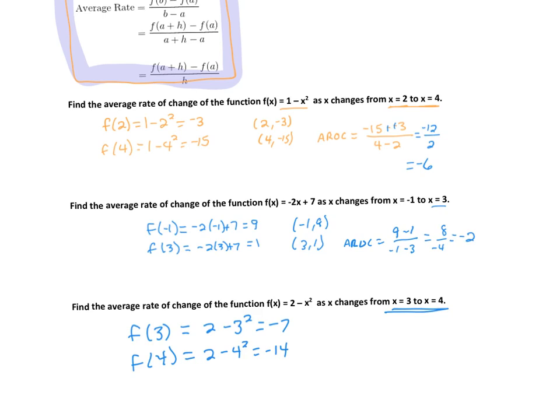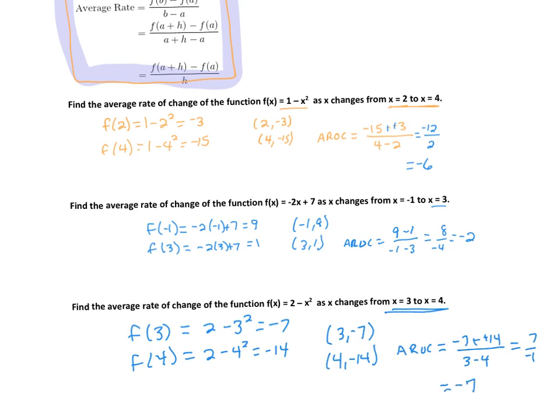If you want to write these points, 3, -7, and 4, -14. So our Aroc, our average rate of change, is going to be -7 minus -14 all over 3 minus 4. So we get, what do we get here? 7 over -1. So our Aroc is equal to -7.